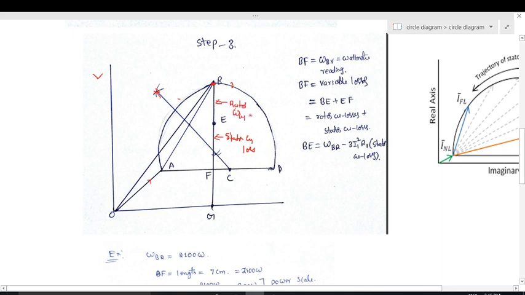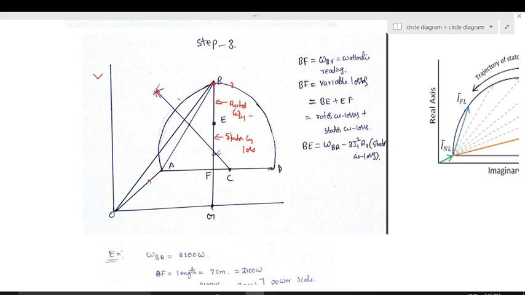So I told you the point E divides the total copper losses into rotor copper losses and stator copper losses. This is stator copper losses and rotor copper losses. And how to locate E? First of all, how to locate point E? E is the point where it divides stator copper losses and rotor copper losses.